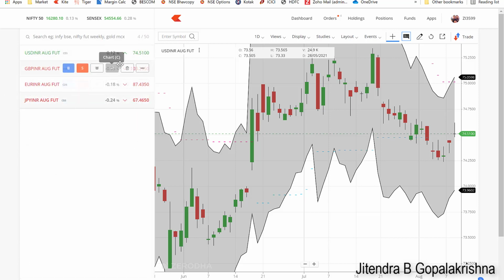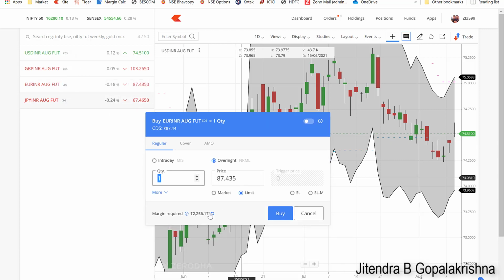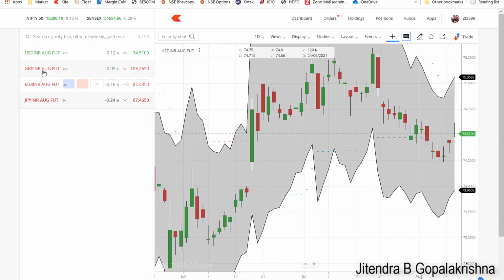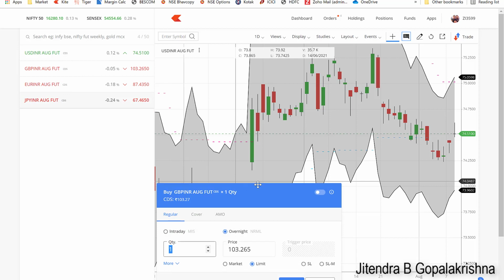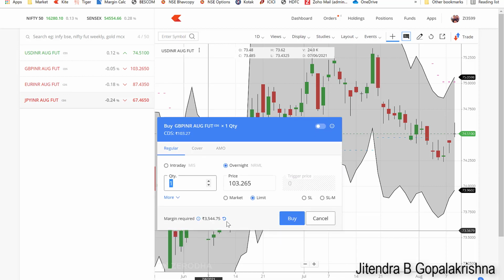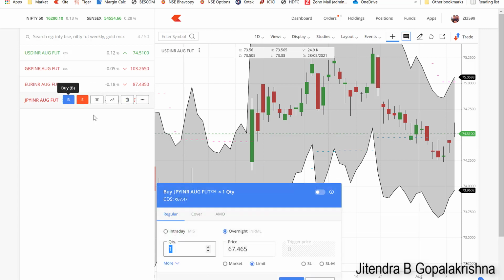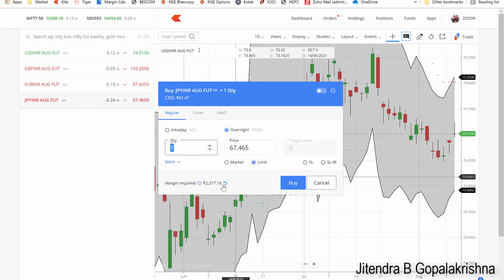Look at that, all the 4 different values, and like buying any other thing you can buy. So Euro, for 1 unit, your margin is around 2,256. GBP is going to be slightly expensive, 3,300 and odd, right? Japanese yen will be the lowest at around 2,217, right?